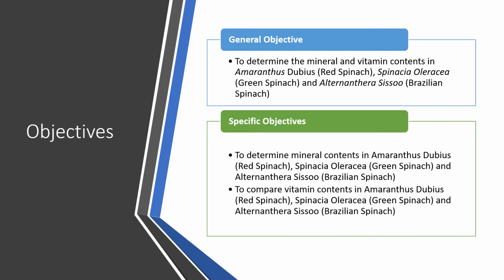The general objective of this study is to determine the mineral and vitamin content in red spinach, green spinach, and Brazilian spinach, while the specific objectives are to determine mineral content in red spinach, green spinach, and Brazilian spinach, and to compare the vitamin content in red spinach, green spinach, and Brazilian spinach.